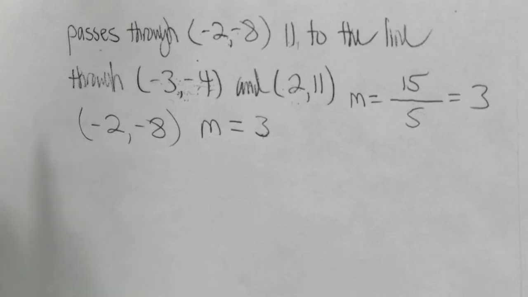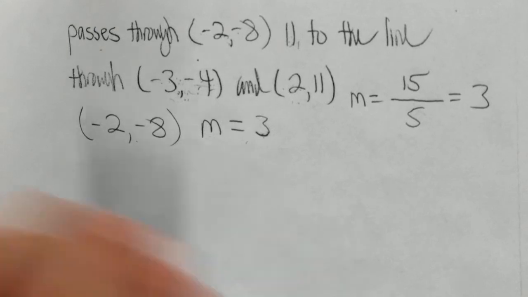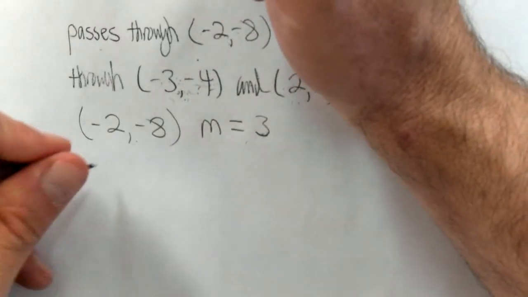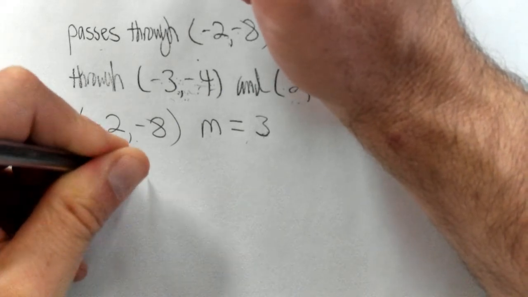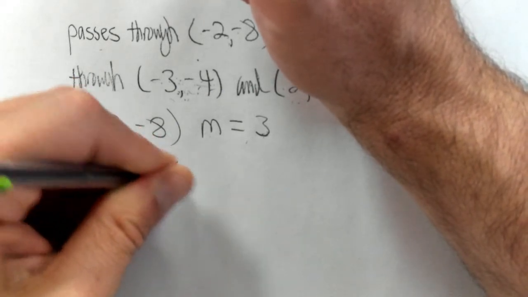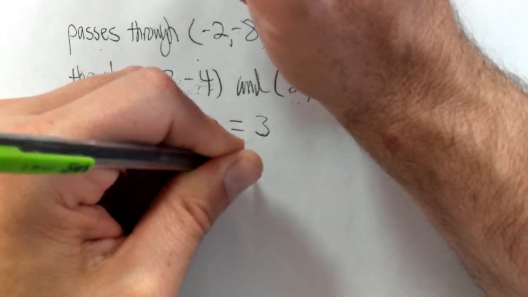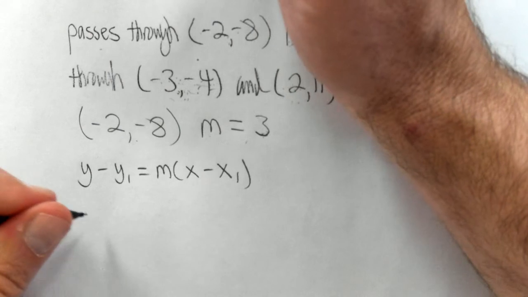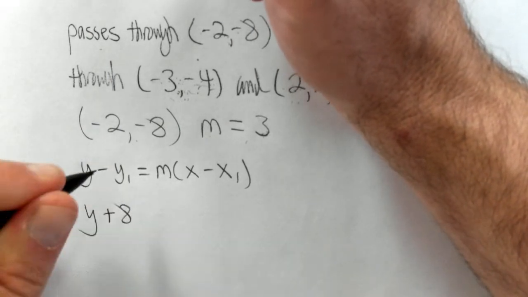Now, we're not finished, of course. Now we just have both of the parts that we need to plug into point slope. It'll look like this. y minus y1 equals m open x minus x sub 1. The y number here is negative 8. I want to change that to plus 8.